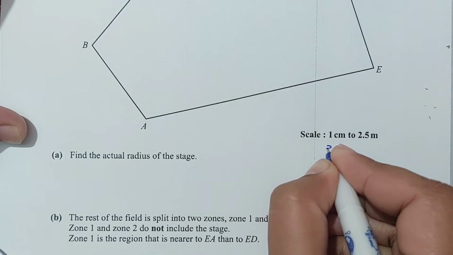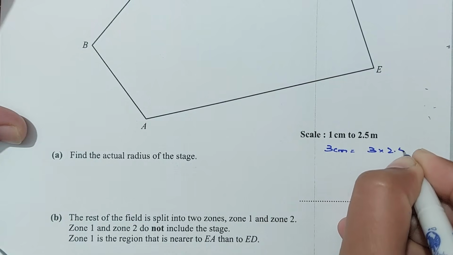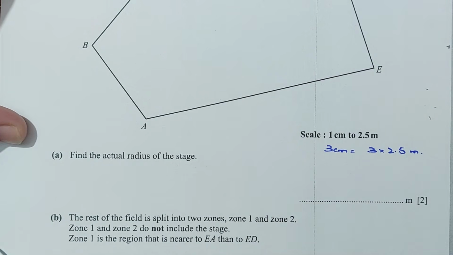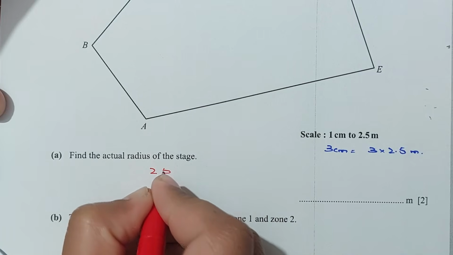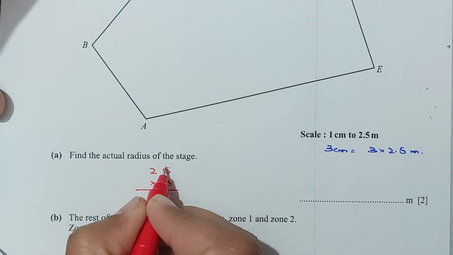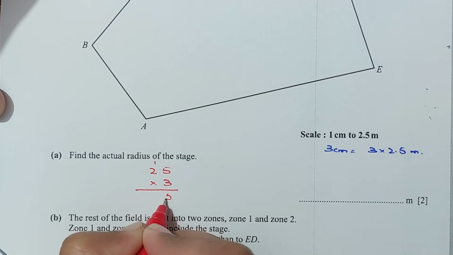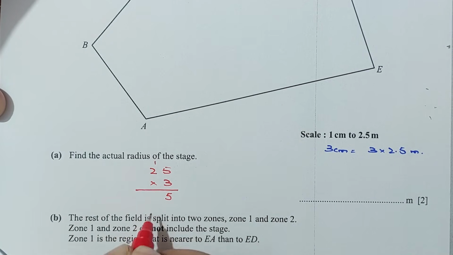So 3 centimeters is equal to 3 into 2.5 meters. Just simplify: 25 times 3, and at the end we will put the decimal. 3 times 5 is 15. 3 times 2 is 6 plus 1 is 7. So this is 7.5 meters.